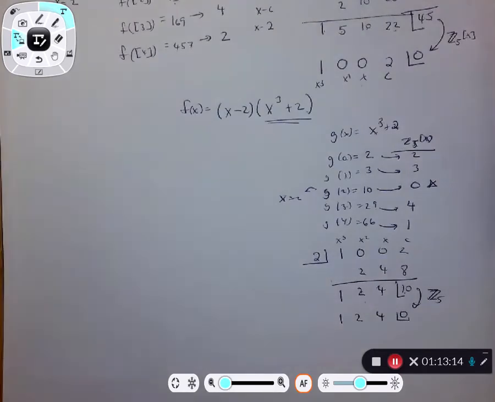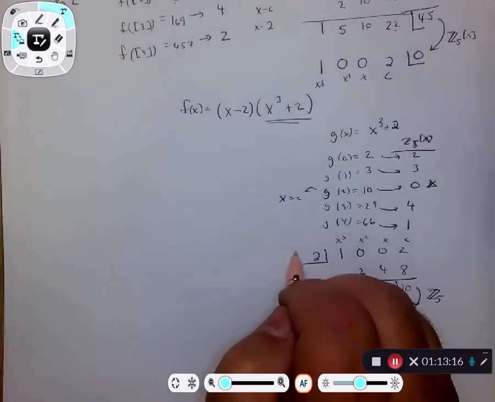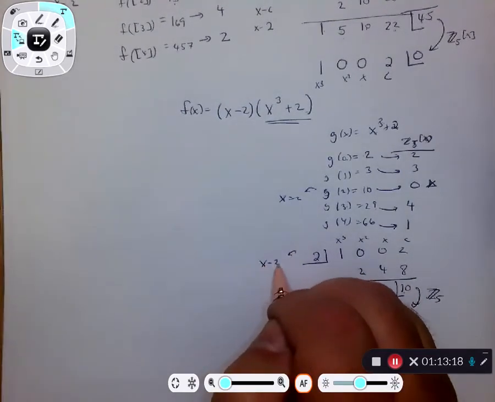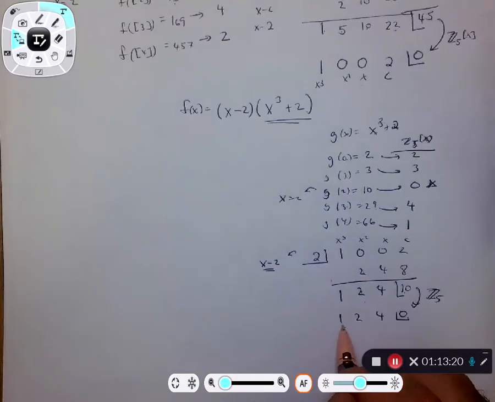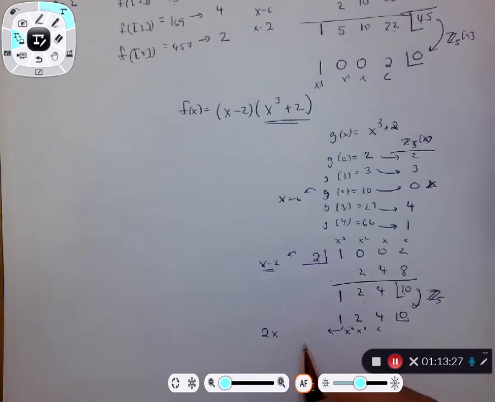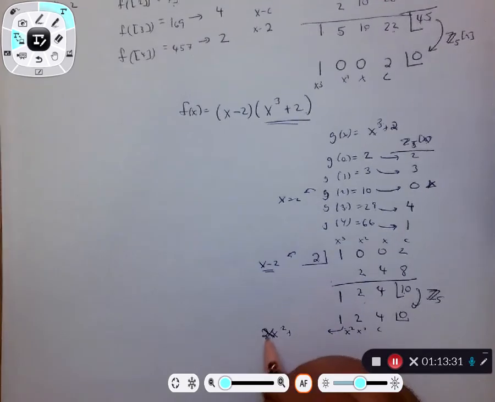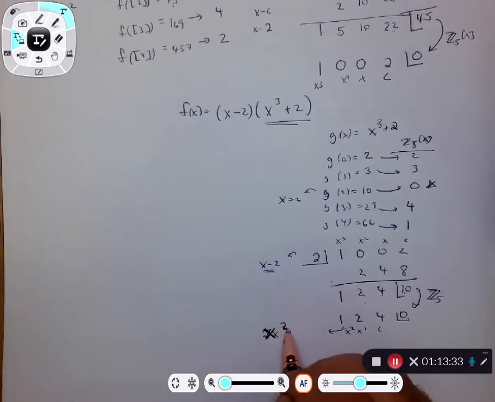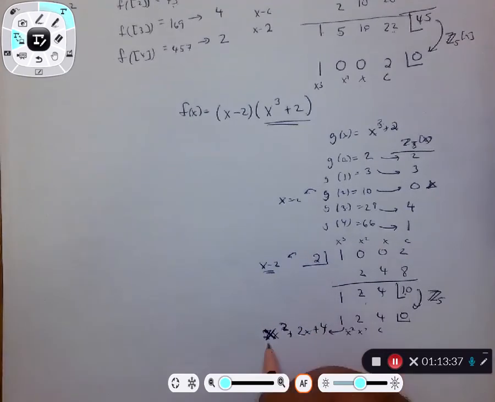So now, boom, I get another factor of x minus 2, and my quotient is going to be x squared, x, and constant. So this will be 1x squared plus 2x plus 4.